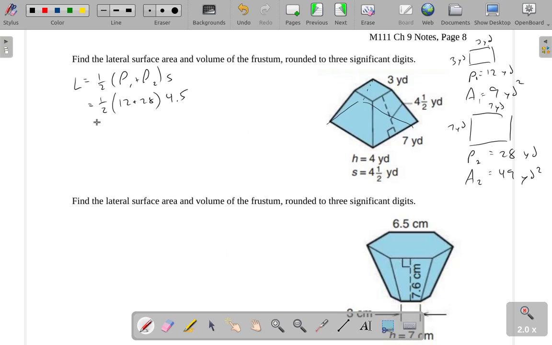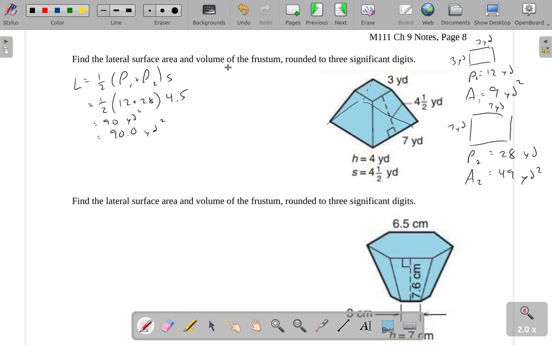We get 90. This would be 90 square yards. It says rounded to 3 significant digits, so I'm going to call this 90.0 square yards so that it has 3 significant digits.